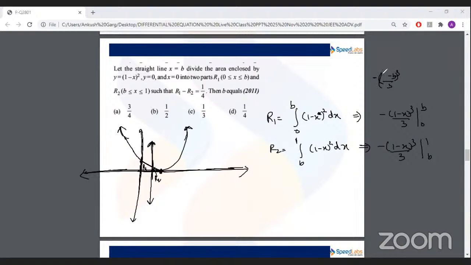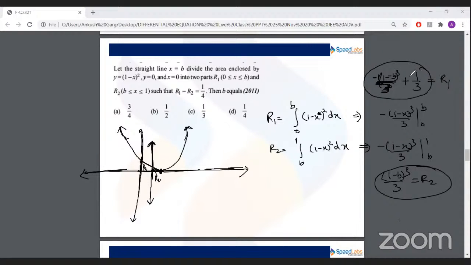And when putting 0, minus minus will become plus, so this will be 1 by 3. So this is your R1. And here, putting the value 1, this will become 0, and on putting B, minus minus will be plus, so that will be 1 minus B cube by 3. So this is R2.